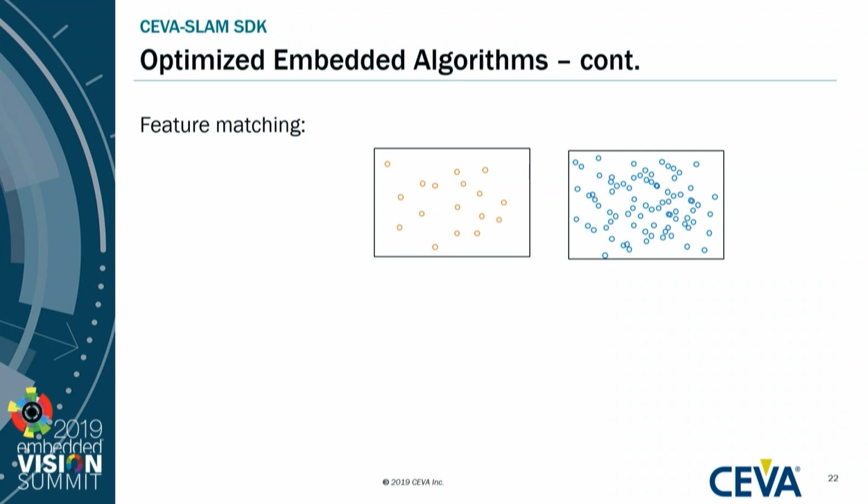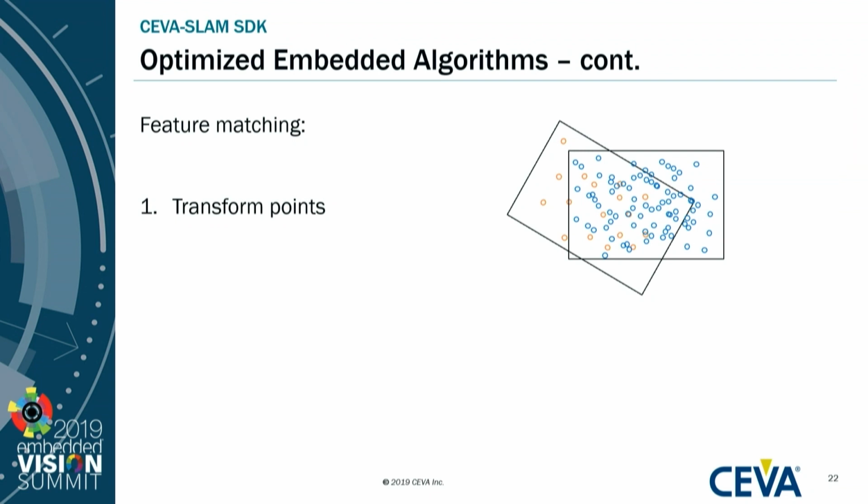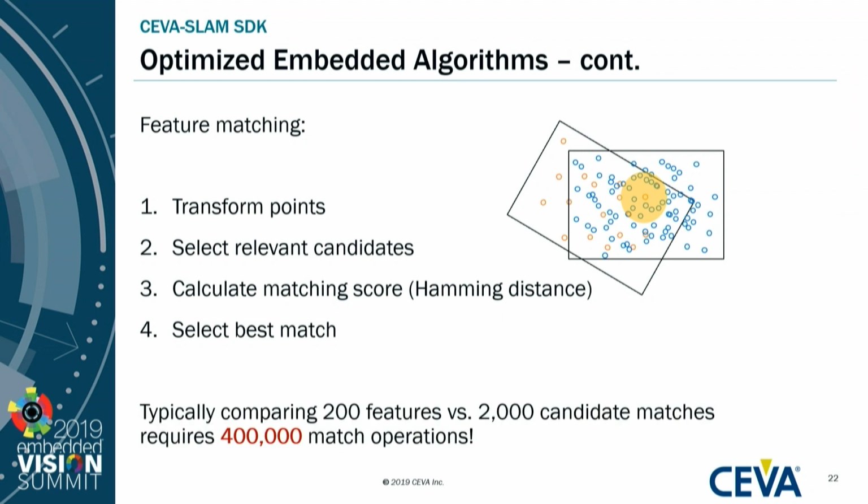Let's take feature matching, for example. The first part of feature matching is to transform the points from one keyframe to another. We need to select relevant candidates around each feature, calculate the matching score, the Hamming distance between one feature and other candidates, and select the best match.